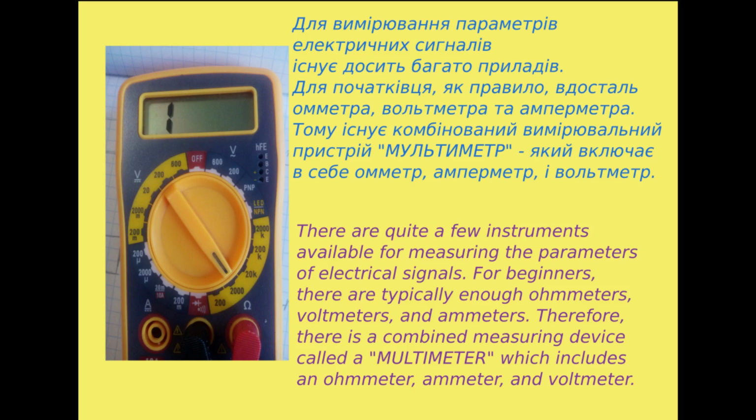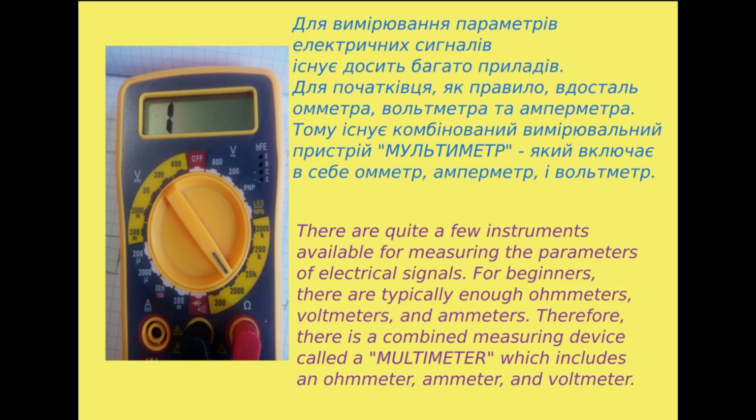So, what do we have? We have electronics, and we need to measure something, because electronic components and electronic signals have a lot of parameters. Usually for people who are just starting on this way, we need to measure resistance. For that we have a special device that can measure resistance.